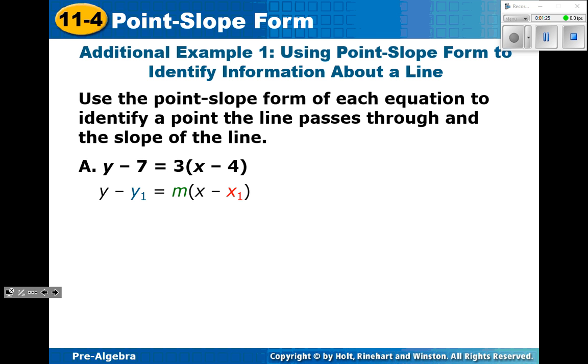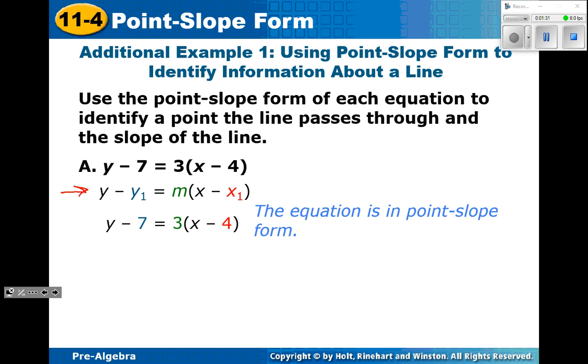You can see that this equation is indeed in point slope form. Everything matches up nicely, so it should be very easy to pull out the point on the line and the slope.